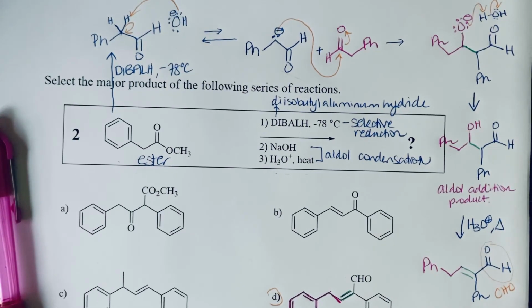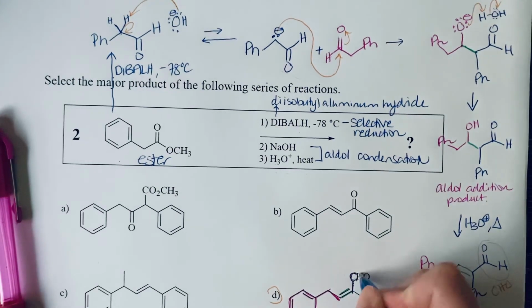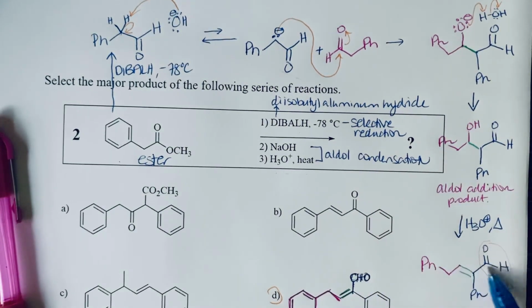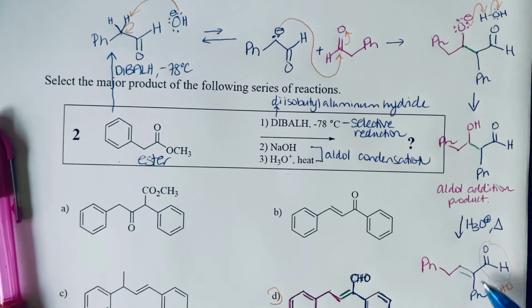And then these atoms here, that CHO is the abbreviation for your aldehyde, and then you have your phenyl ring. Okay, and so this final product with these acid and heat, we would call this the aldol condensation product.